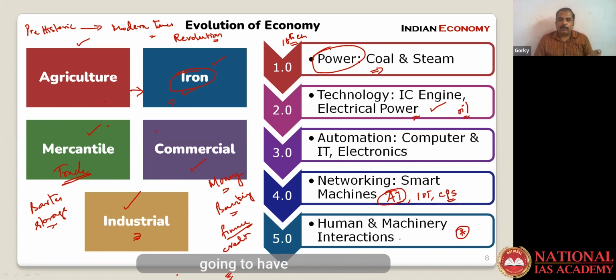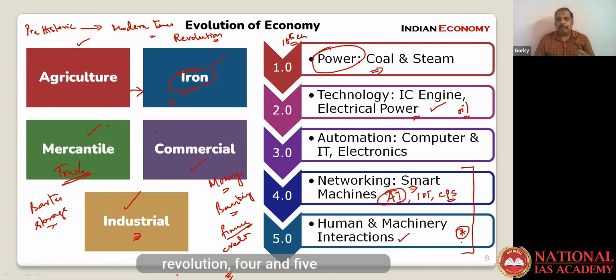That is what you are going to have as 5.0. So 5.0 is nothing but the human-machine interactions which are going to happen in the near future with advanced technologies. Whereas now you are introducing artificial intelligence, cloud computing, deep learning, machine learning, and so on. All these are making machines smart, right? So these two we call the digital revolution.